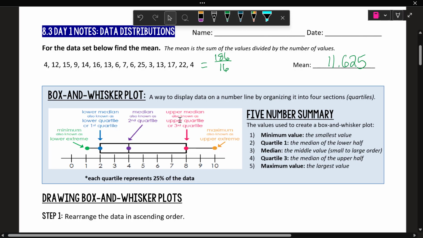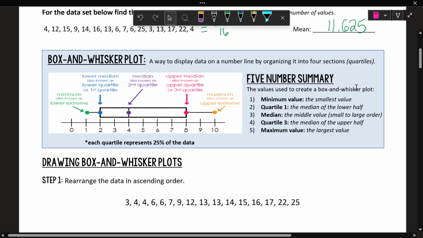Now, another way to display data is a box and whisker plot, like we see here. We graph 5 numbers: the minimum value, the lowest value, the highest value, the median, the middle value, and then quartile 1 and quartile 3, which are also medians of the halves of this.